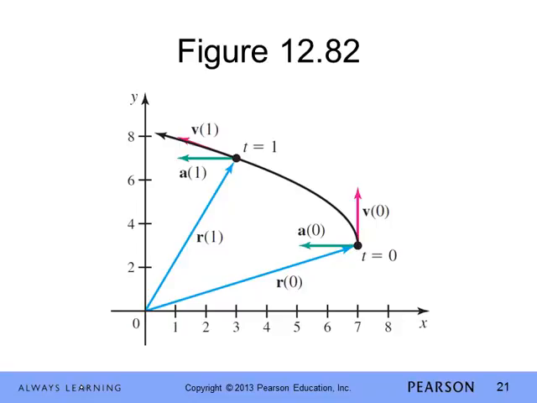So you can see that the trajectory is bending in the direction of the acceleration vector, and even more so as you go further along at time 1 compared to time 0. So that's something to keep in mind: the acceleration vector will point kind of on the inside of the bend of the curve. Does that make sense, folks? Can you visualize it?